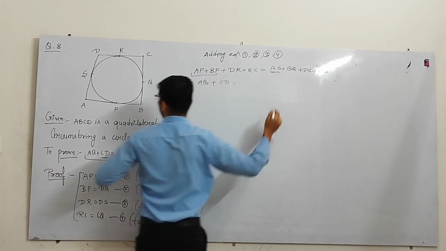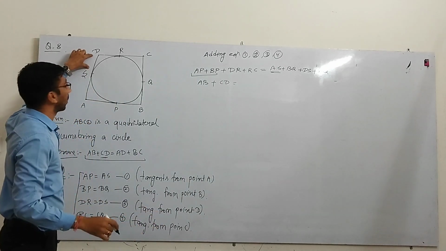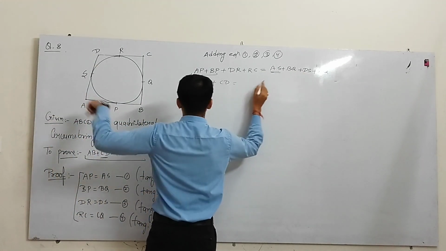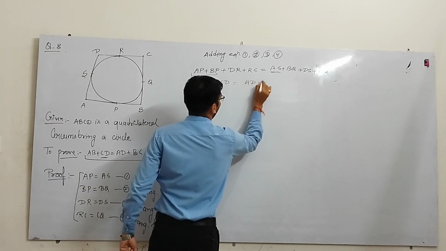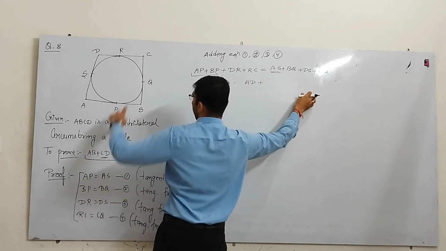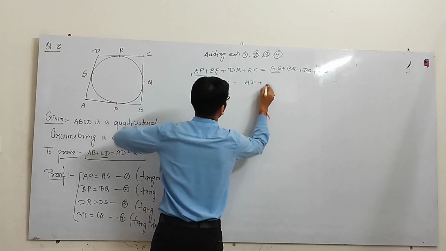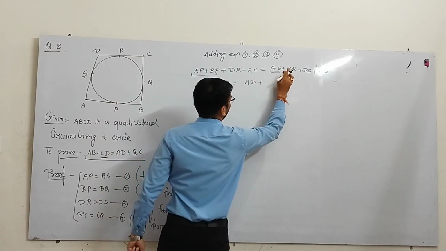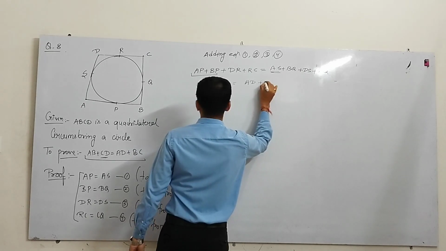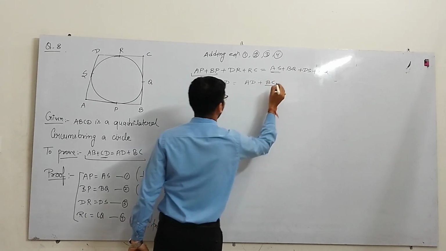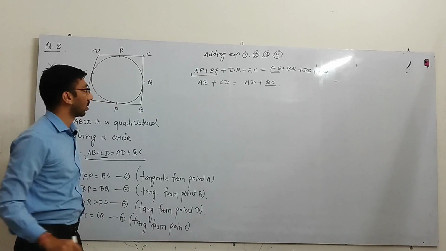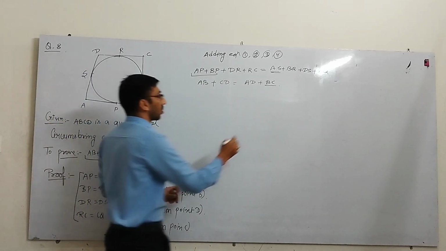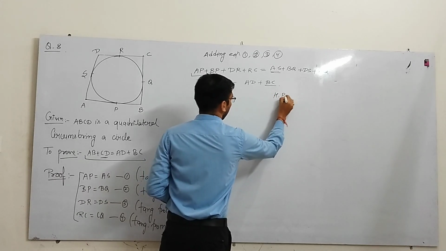AS plus DS will give you AD, and then BQ plus CQ will give you BC. That is what we had to prove, that AB plus CD is equal to AD plus BC. So we can write, hence proved.